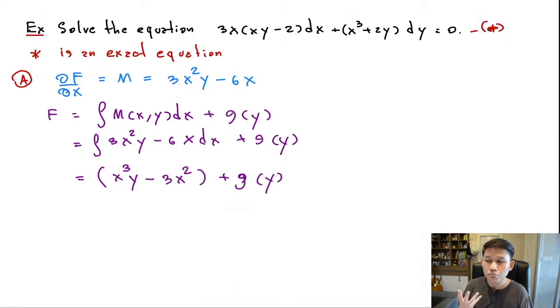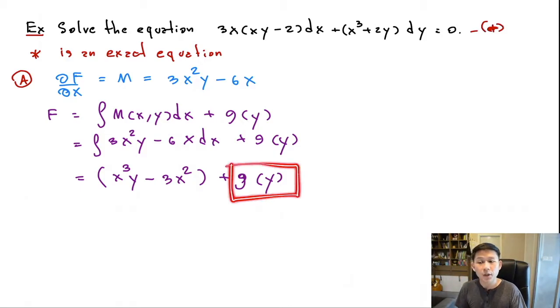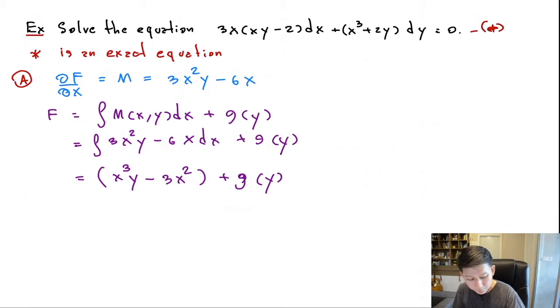So f here, we already know f, but we have g(y) here as well. We want to get rid of g(y); we want to know what g(y) is. So what do we do? Differentiate. We integrate, differentiate, and compare. So we differentiate f by y.